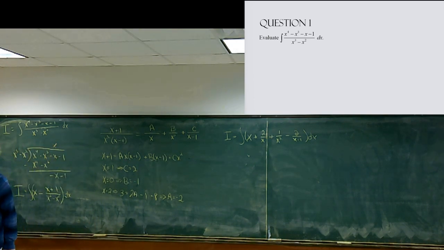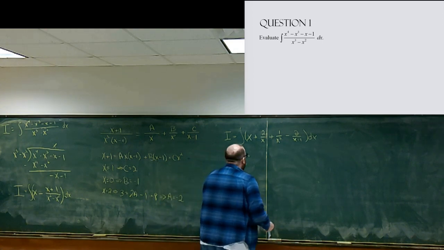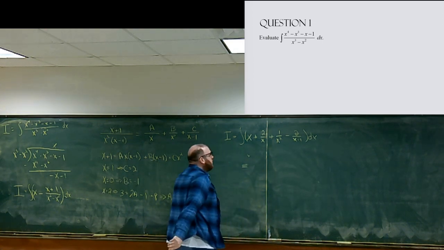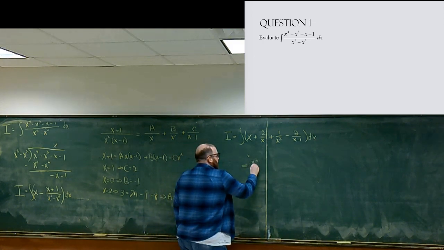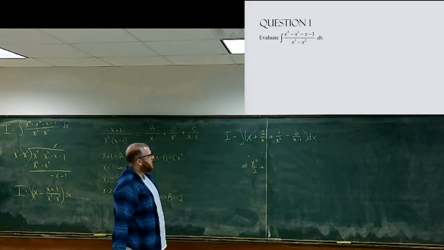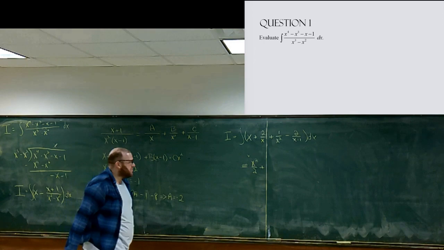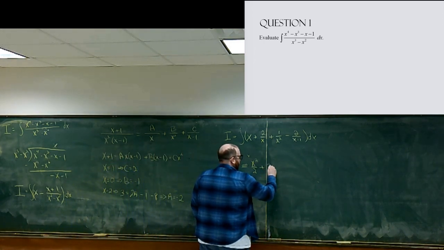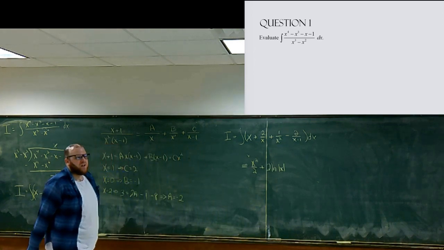That integral can now be done. Antiderivative of x is x squared over 2. What is the antiderivative of 2 over x? Or 2 ln x. 2 ln absolute value of x.